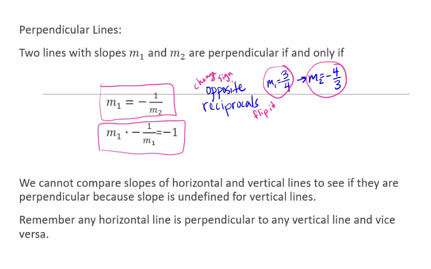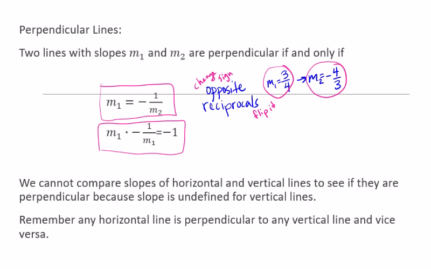Positive times negative is a negative, and 3/4 times 4/3 would be 12/12, or in other words, 1. So whenever you multiply perpendicular slopes, you'll get negative 1. That's a way to check if they're perpendicular, if it's not apparent that they're flipped and sign changed.